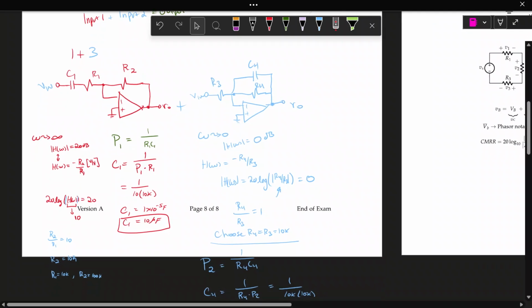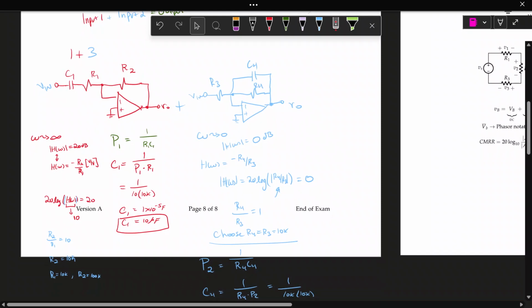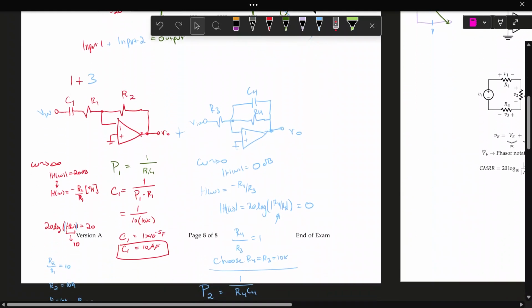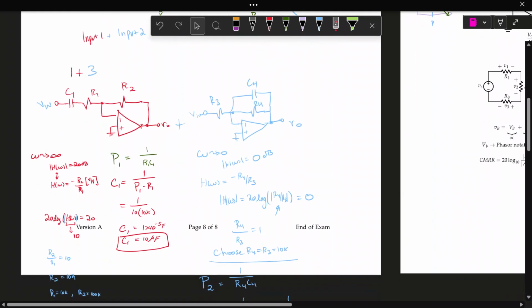Okay, well, let's look at our gain, negative R2 over R1. Of course, if we change R1 value, because they'll be in series, we'll add them together. Will it be sensitive? Okay, well, I beg to say it might. It will. So our gain will be decreased by a little bit, however much.